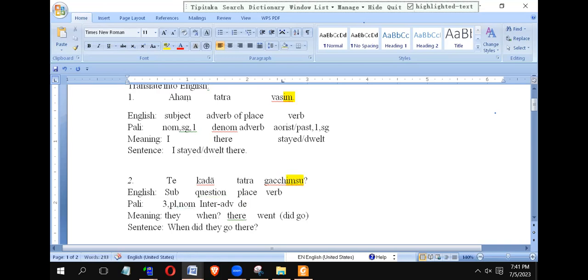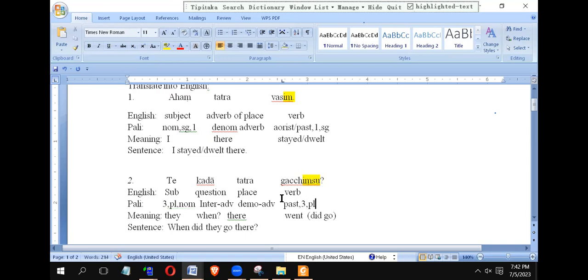This is the demonstrative adverb. The main thing is, you put demonstrative. You put denominative, wrong. Demonstrative, right?